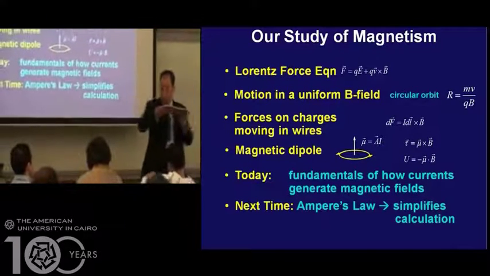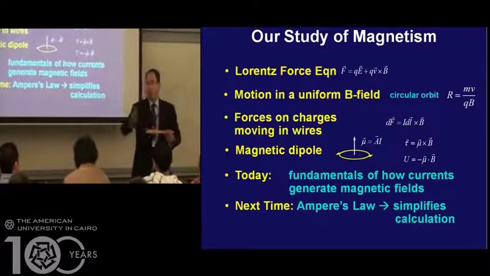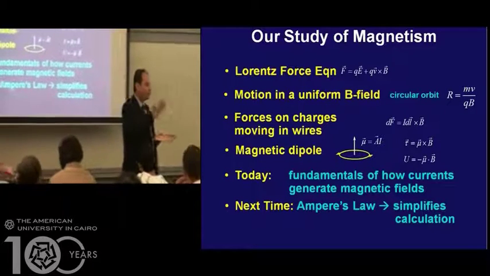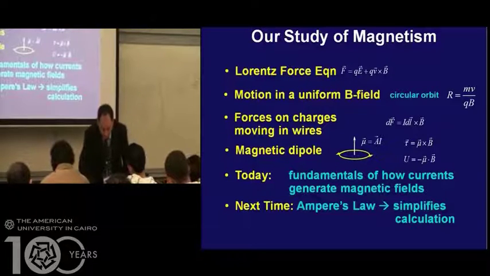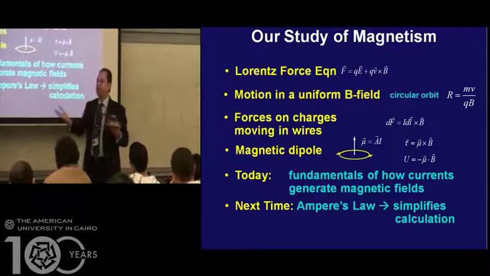But that object will rotate because there is a torque acting on it. What makes an object move is forces. What makes an object rotate is torque. So what makes that coil rotate is simply the torque.